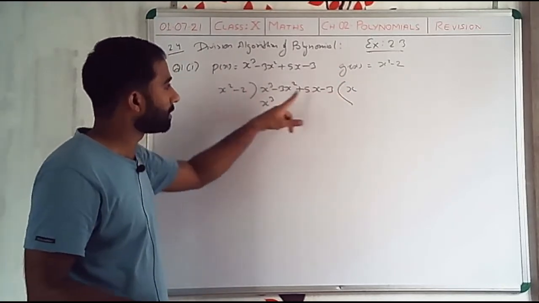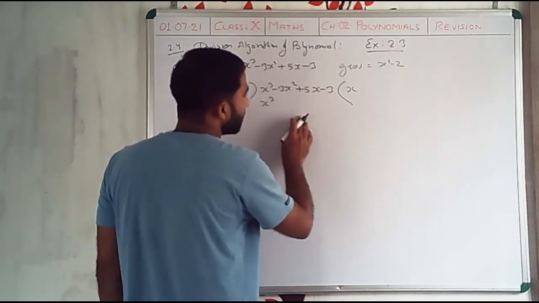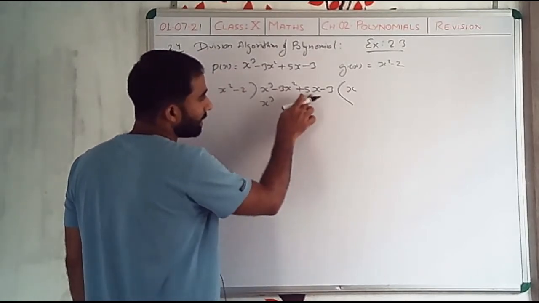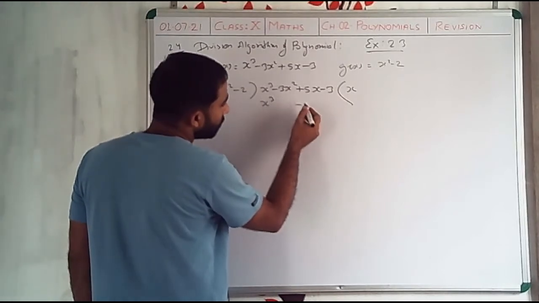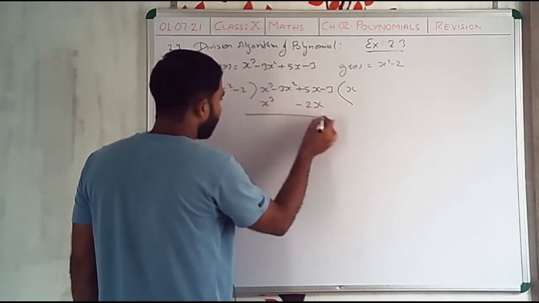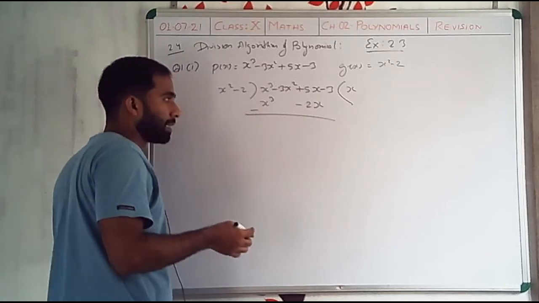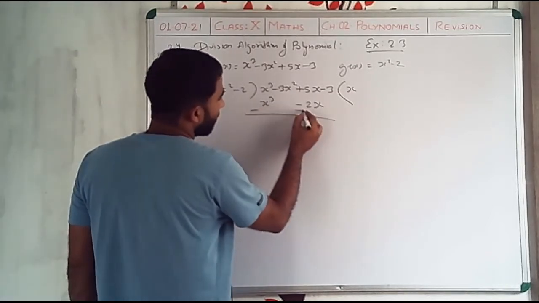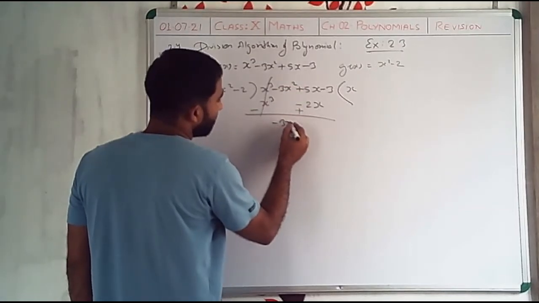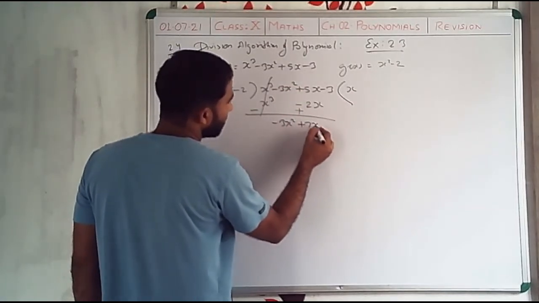So here minus 2x, we have to write in the same column, and change the sign because cancellation will happen. So minus 3x square plus 7x minus 3.